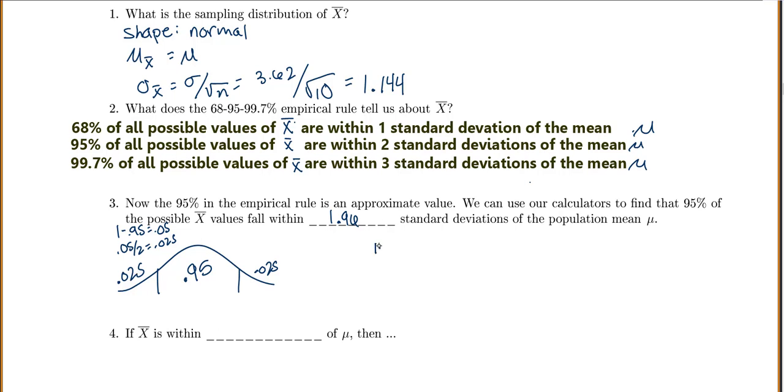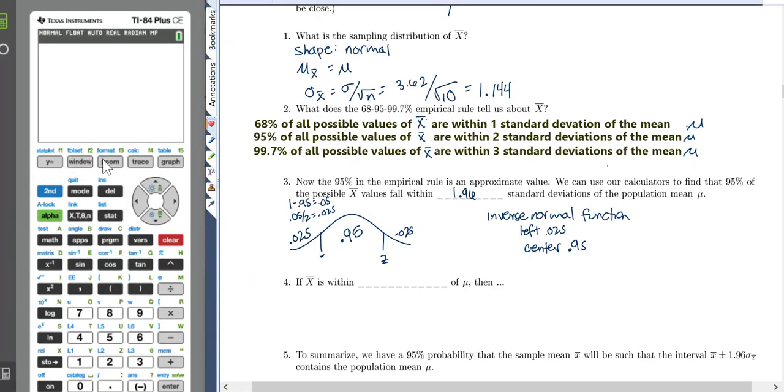We're going to do an inverse normal function to find out what z value gives me 0.95 in the middle. So I could do a left area of 0.025, or I could do a center of 0.95 and it should give me from here to here. So I'm going to do second distribution, and an inverse normal function. My area, if I want to do the left, would be 0.025.